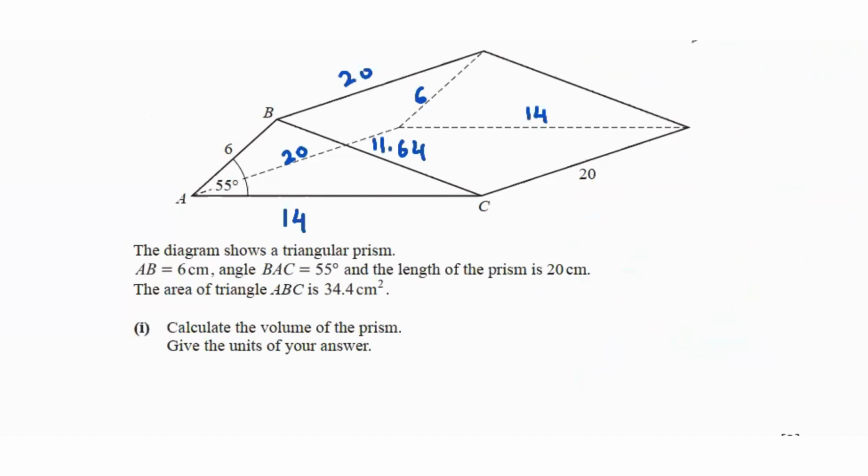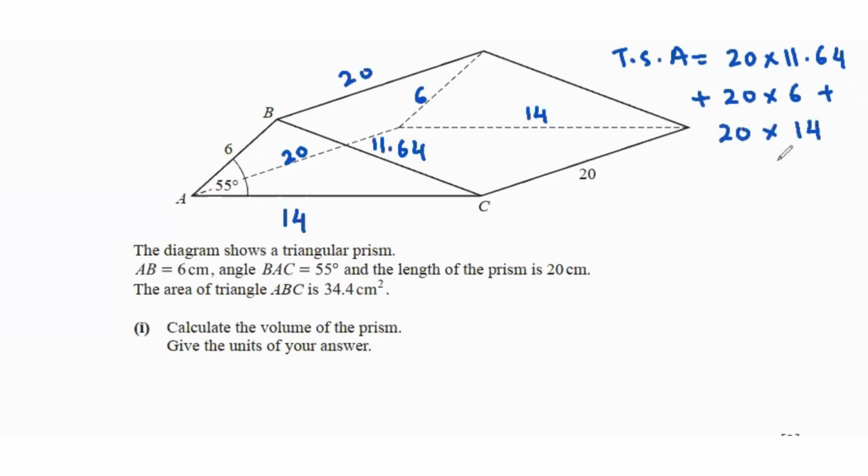So total surface area is going to be 20 times 11.64, plus 20 times 6, plus 20 times 14, and then plus again 34.4 times 2.